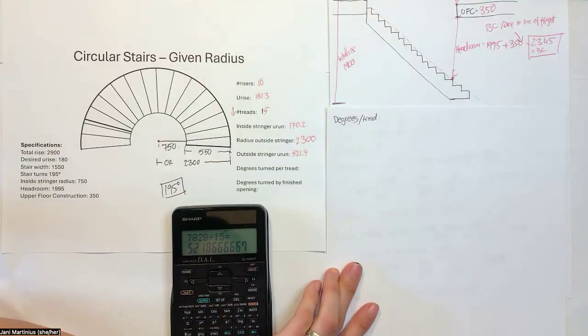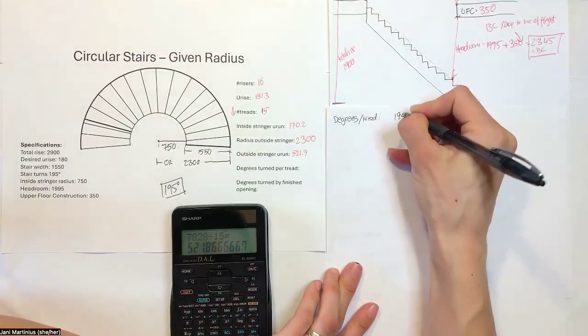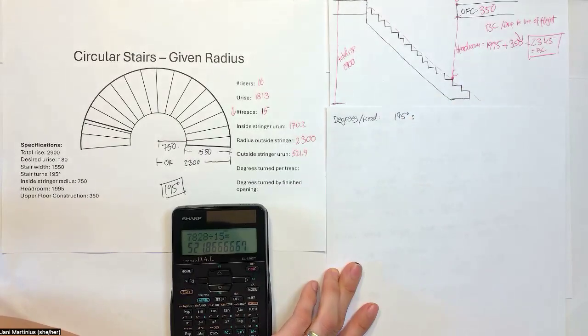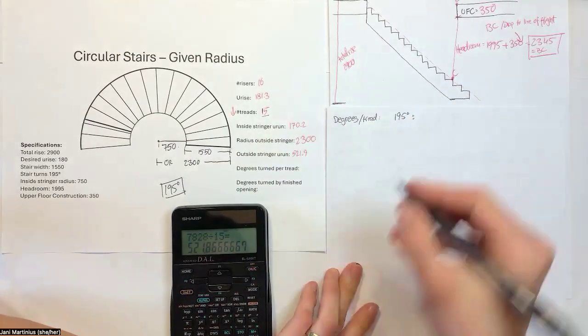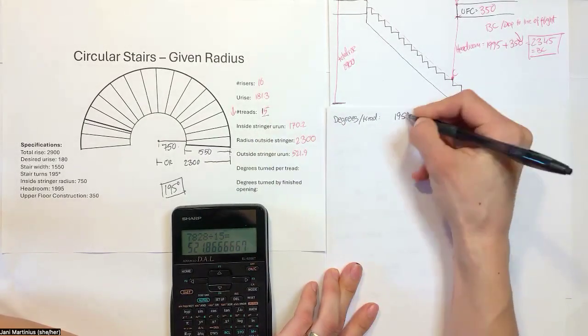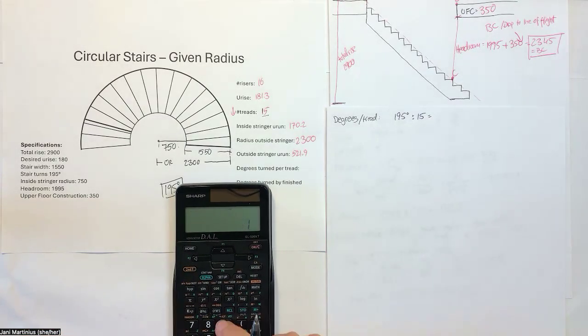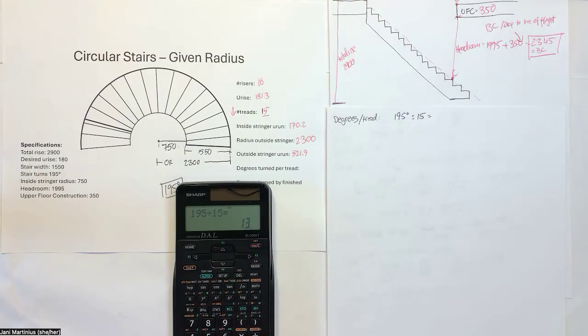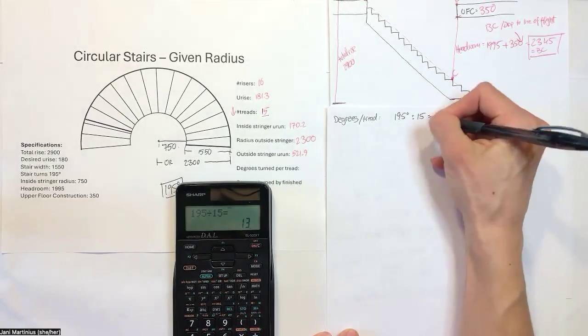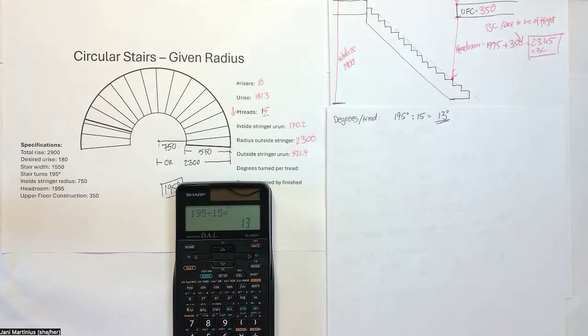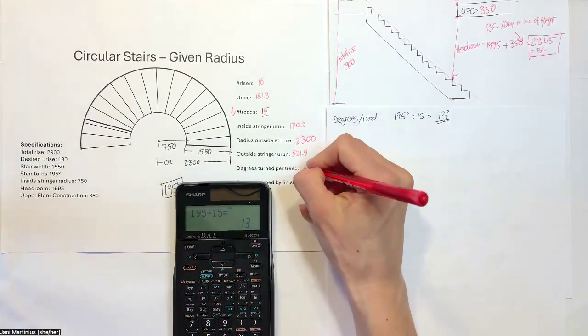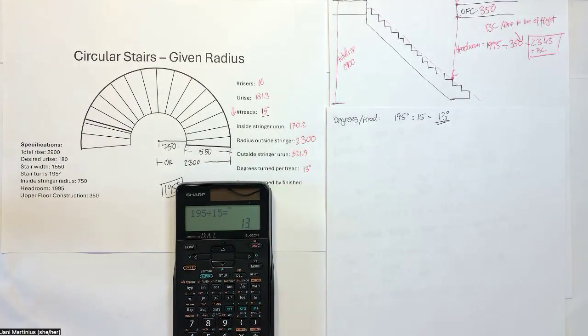We have 195. How many treads do we have? Well, we have 15. 195 degrees divided by the number of treads that we have will get us the degrees turned per tread.